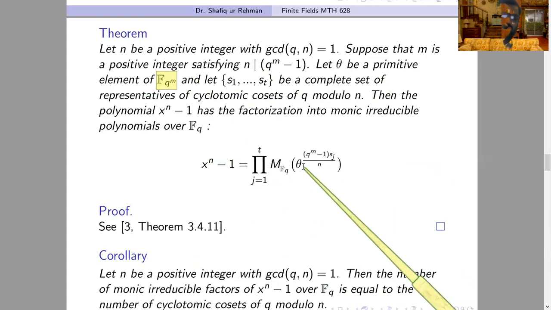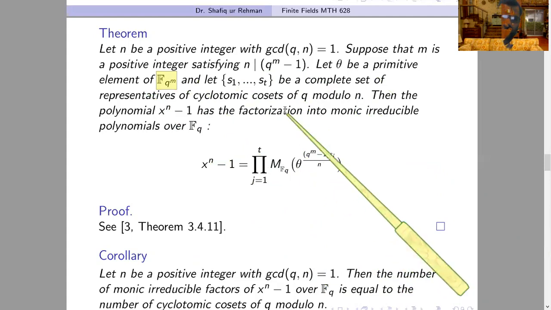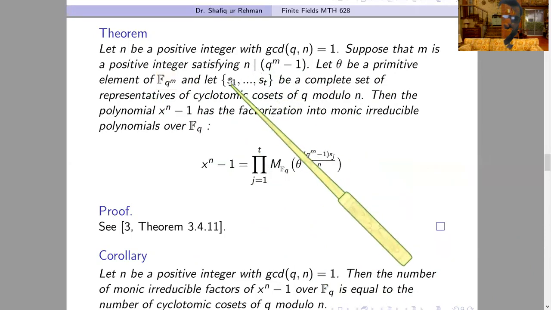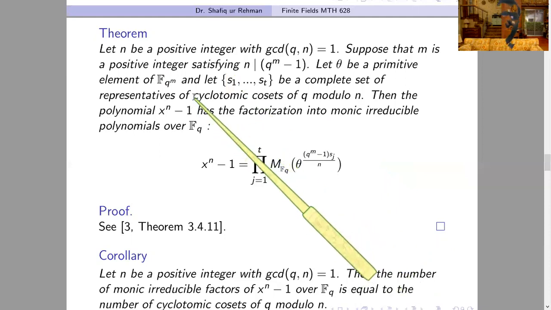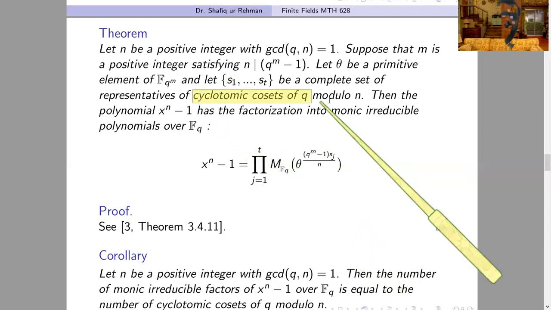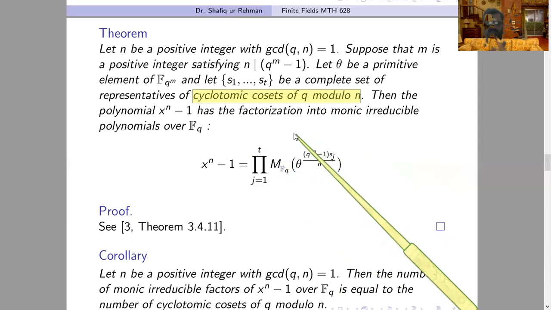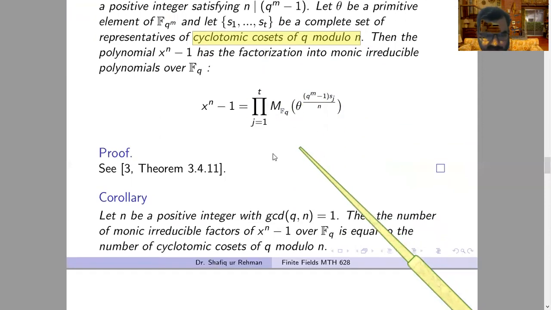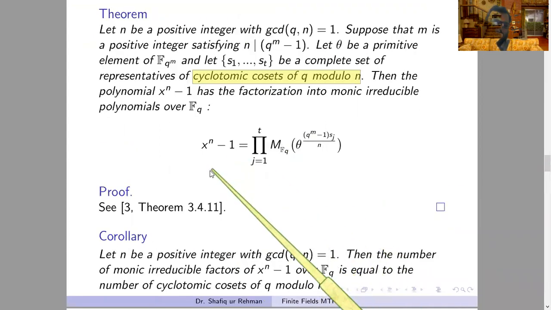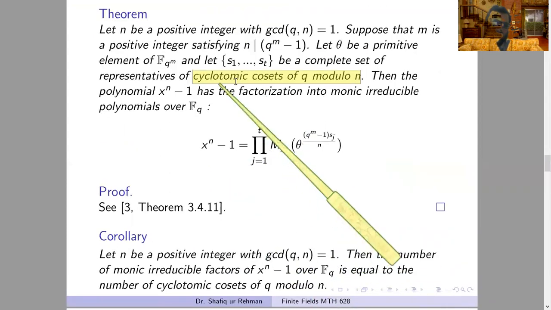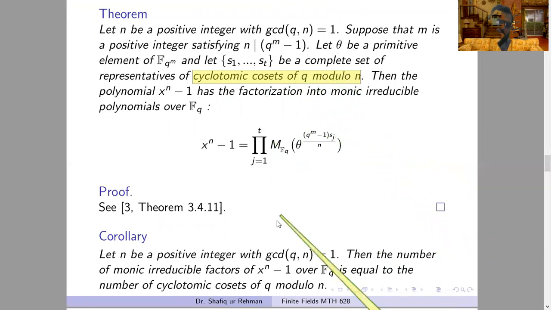But which powers? The powers are defined here. That is, we divide q^m minus 1 by n and multiply this by the representative. But notice that here the representatives are of cyclotomic cosets of q modulo n. And here is an immediate corollary: the number of irreducible factors of this polynomial will be equal to the number of cyclotomic cosets of q modulo n.